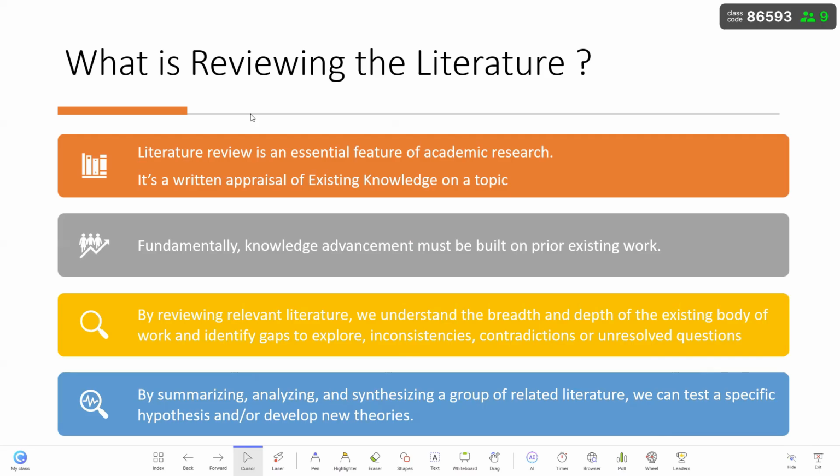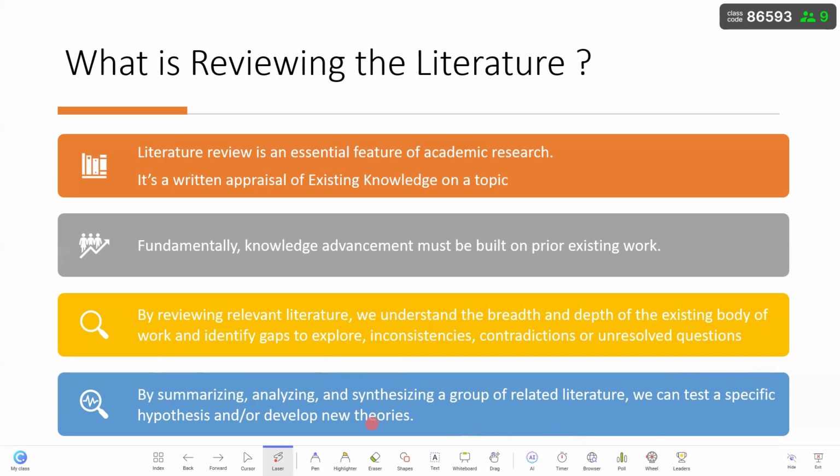Review in the sense that you need to analyze, you need to summarize, you need to analyze, then synthesize a group of related work, to test or to develop a conceptual framework to support your problem, right?